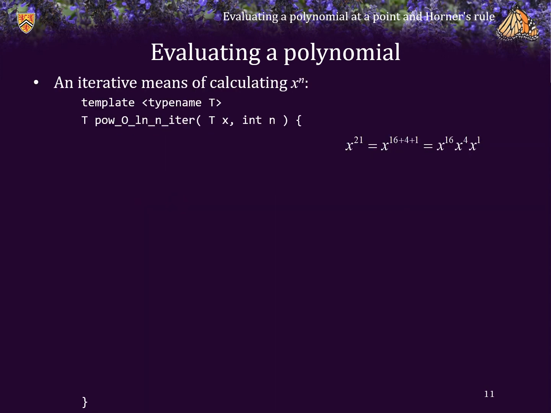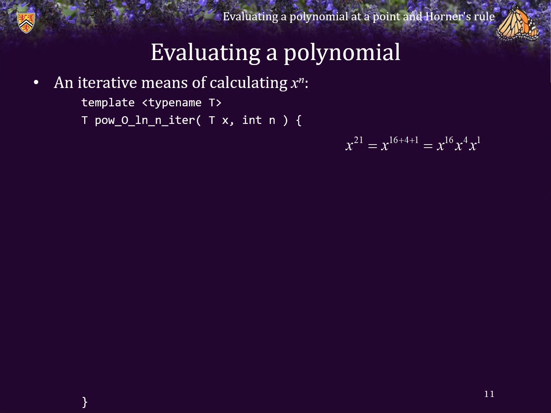Now, if you're authoring an embedded system, then you really can't use recursive function calls. So another way of calculating x to the n efficiently is to look at the binary representation. So for example, x to the 21 is x to the 16 plus 4 plus 1, which is essentially the binary representation, which is x to the 16, x to the 4, x to the 1.